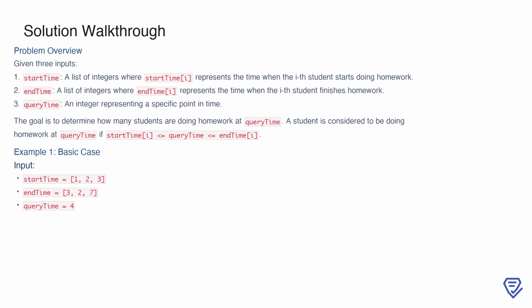For instance, if we have startTime equals [1, 2, 3], endTime equals [3, 2, 7], and queryTime equals 4, we want to check if 4 falls within the homework period of each student. This means we'll check if 4 is between the start and end times for all 3 students, and count how many of them satisfy this condition.